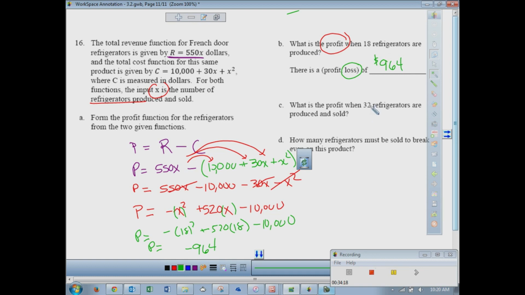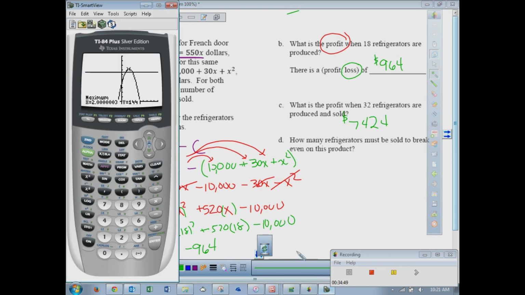What is the profit when 32 refrigerators are sold? So you put 32 in there. $7,424. Is that what you got? Or did maybe I punched it in wrong? I could make this 32.